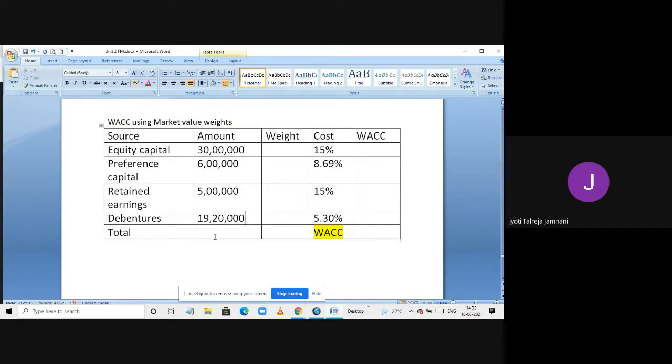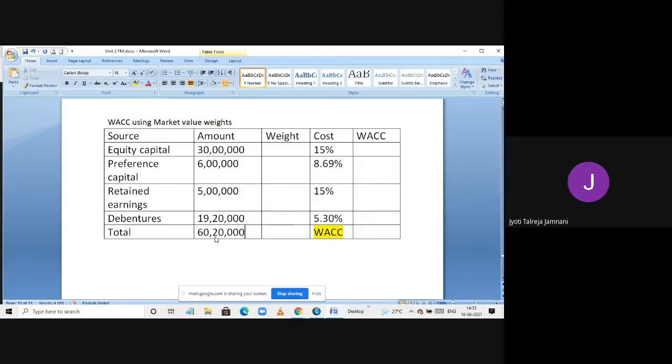So now we need to total this. 60 lakh 20,000. Now we'll find the weightages.